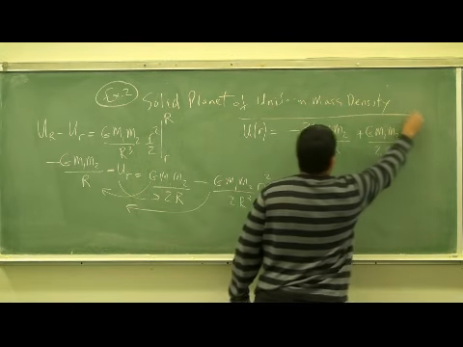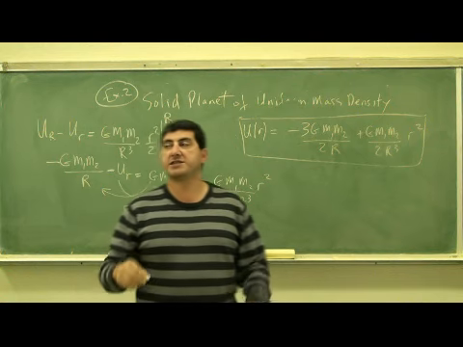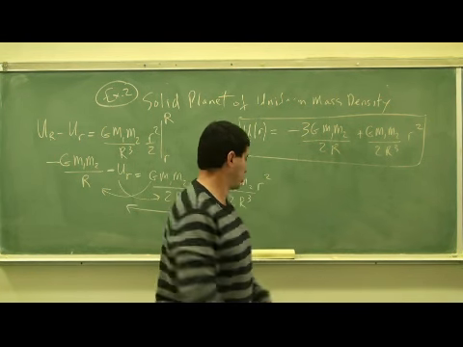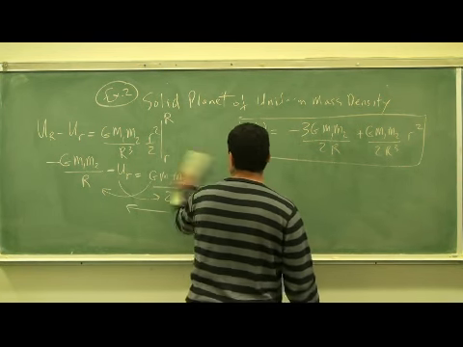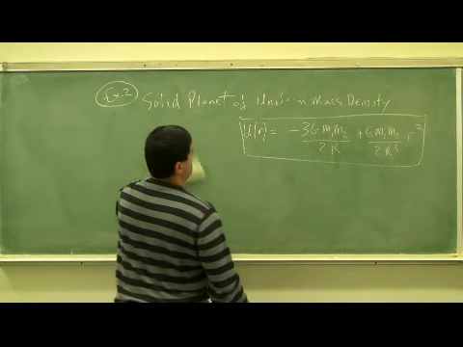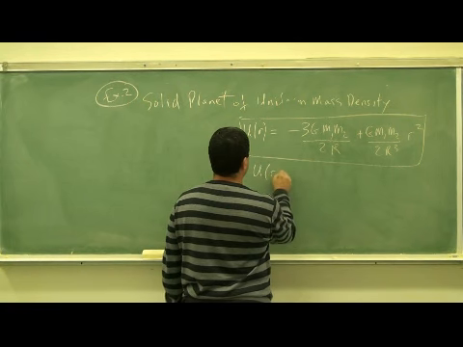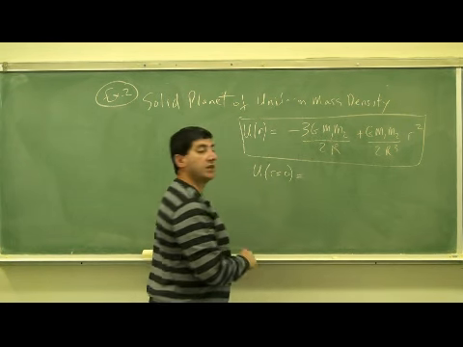Okay, so that's the potential energy inside of a solid planet of uniform mass density. So now let's see what this means. If the potential energy at r equal to 0, what is that?